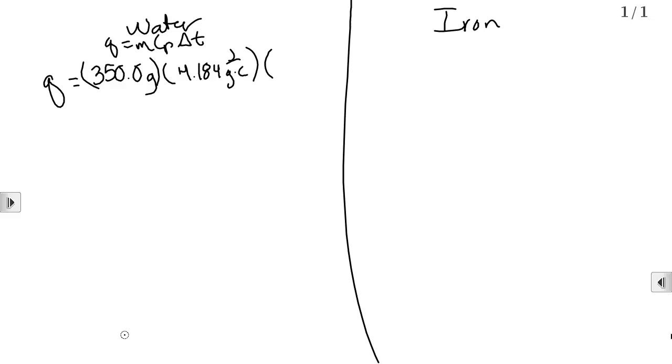Where did it start? Oh, okay. So 25 to 28.4. Remember it's final minus initial. So 28.4 degrees minus 25 degrees. When I do that, I get 3.4 degrees Celsius. And so that's easy, right? We can do that. There's no problems.